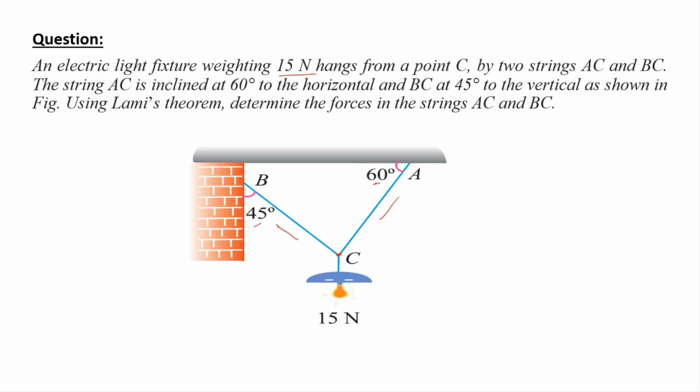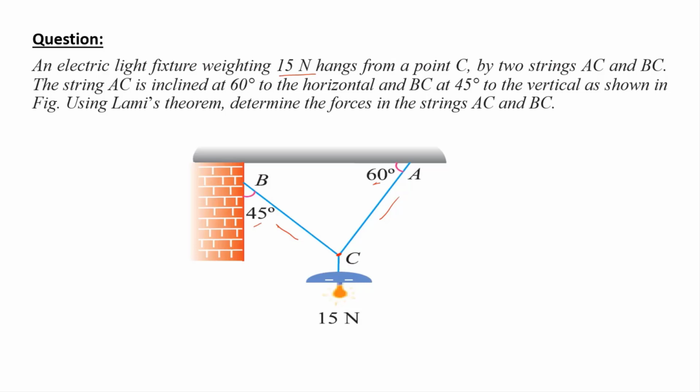Using Lami's theorem, determine the forces in the strings AC and BC. First of all, as we see in this figure, there are three forces. One is the weight of the electric fixture itself. Second is the tension in the string AC, and the third one is the tension in the string BC.